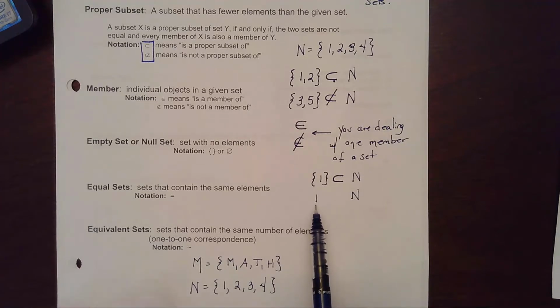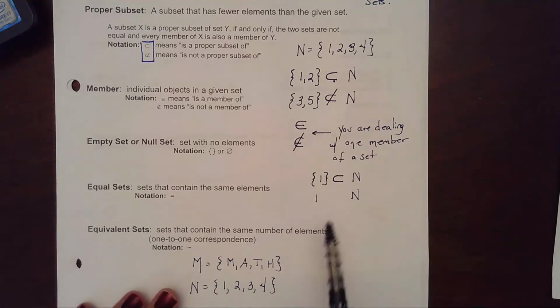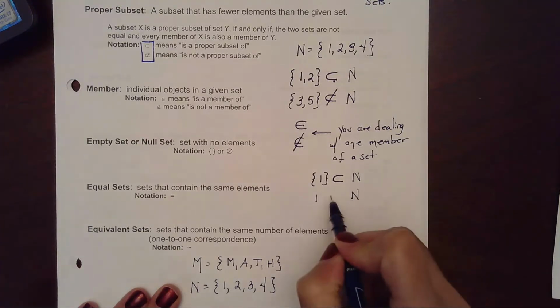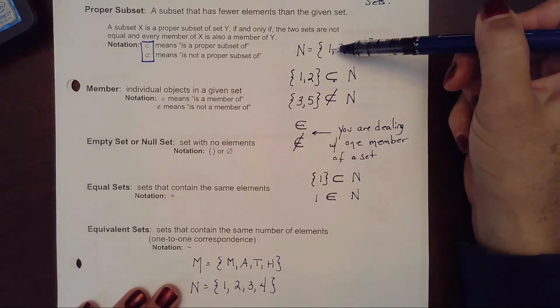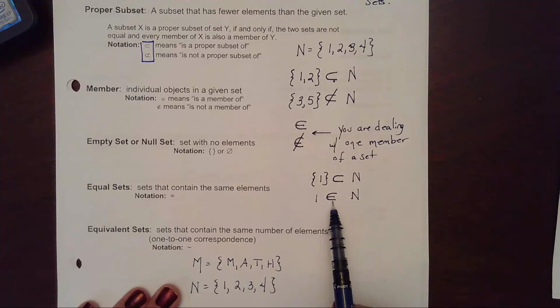This is just saying one individual piece of information. So is this number 1 an element of or a member of N? And yes, it is. Right here's N and there's the number 1. So 1 is a member of N.